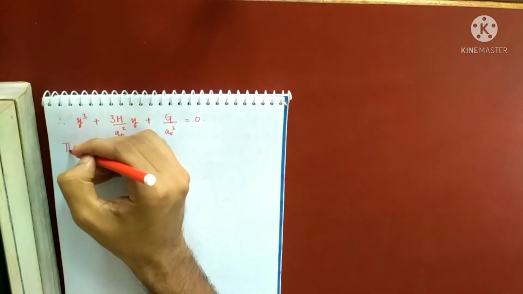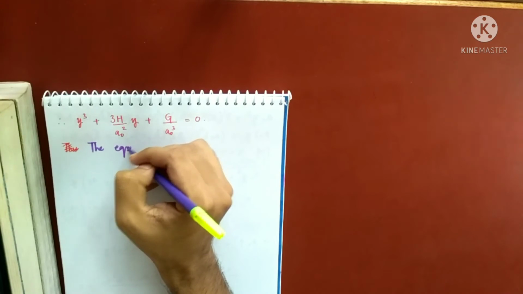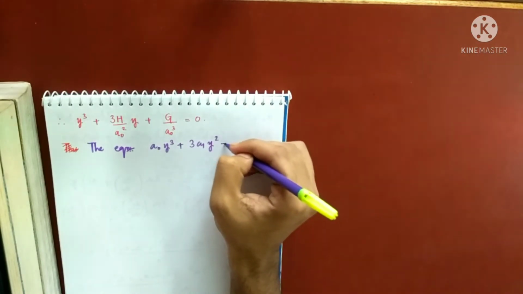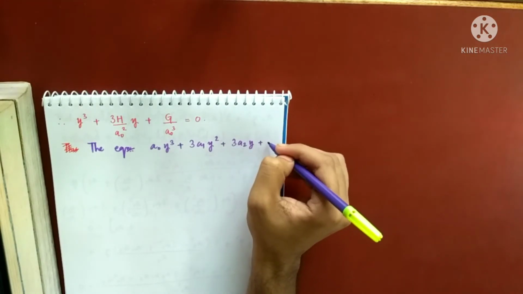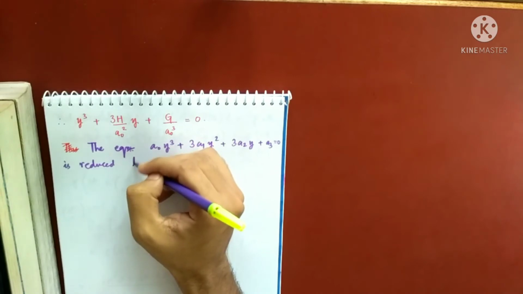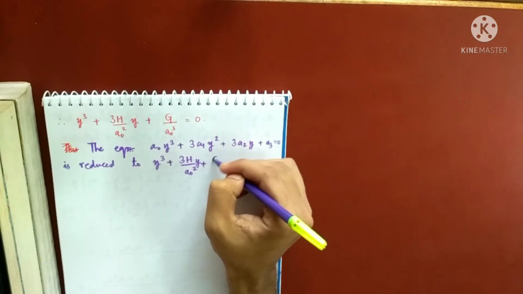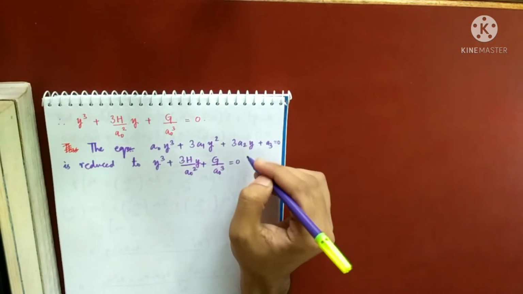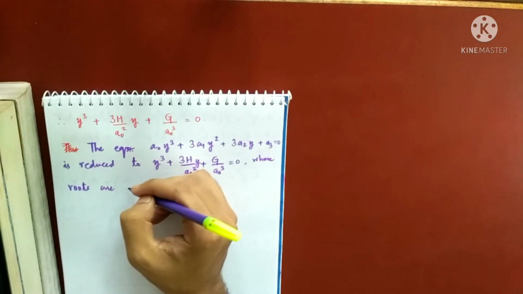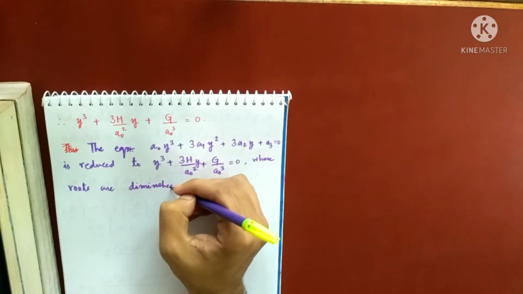So let me write one more line firstly. The equation a naught y cube plus 3a1 y square plus 3a2 y plus a3 equals to 0 is reduced to y cube plus 3h by a naught square y plus g by a naught cube equals to 0, whose roots are diminished by h.